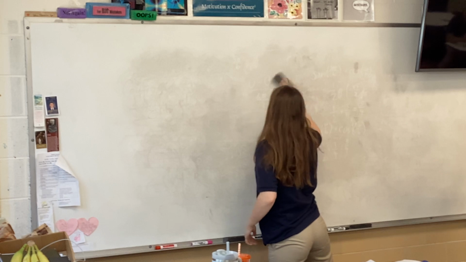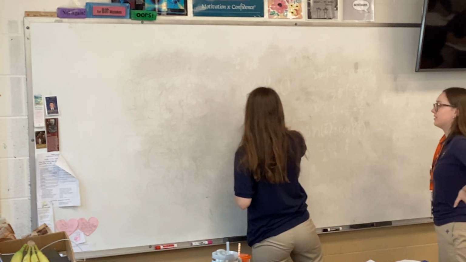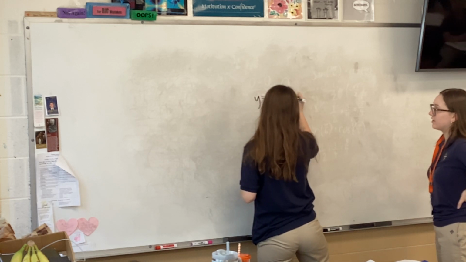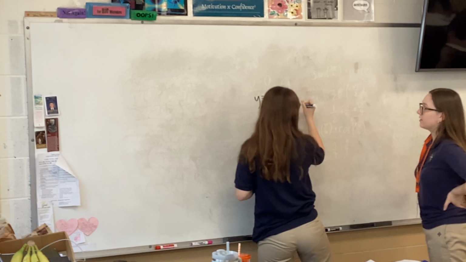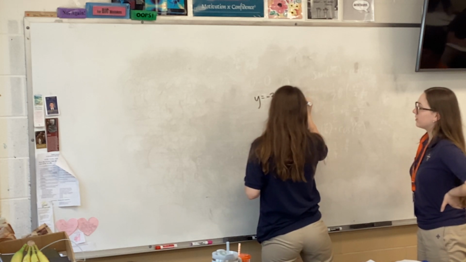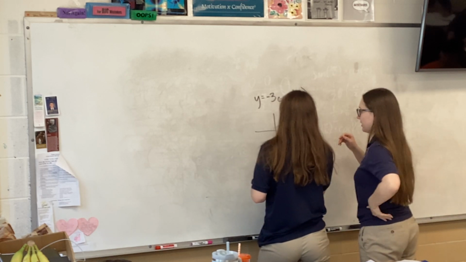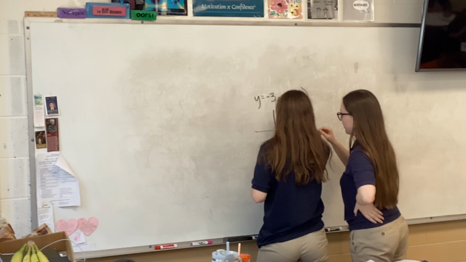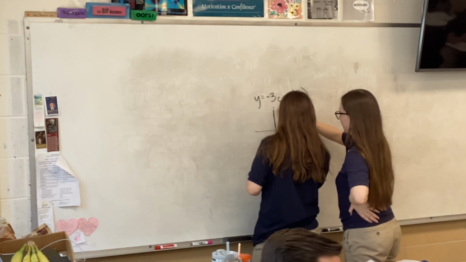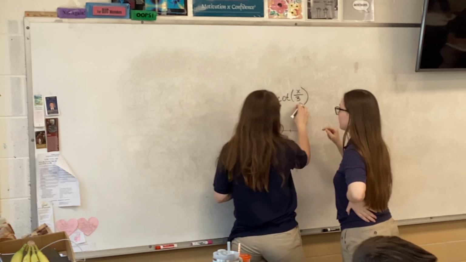Y equals -3 cotangent x over 3. Tell me where the asymptotes are. X over 3. Tell me where the asymptotes are.